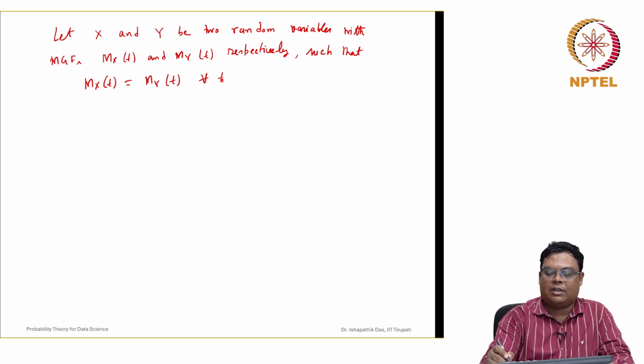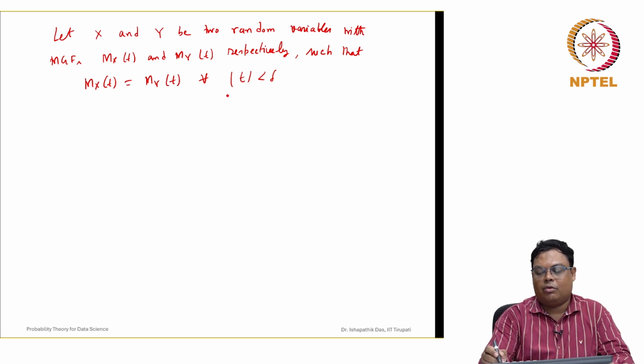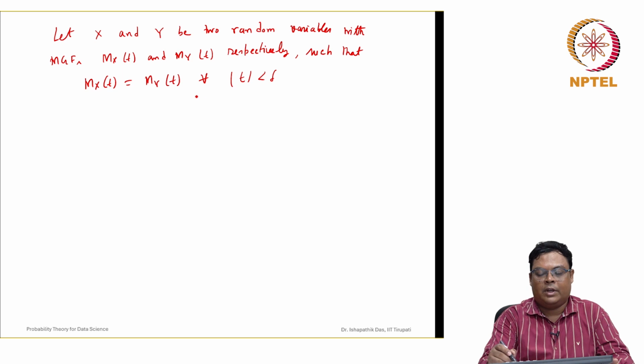If it exists within some interval, then they are equal in that same interval. Otherwise, if it exists for all real numbers, it is the same. So basically this moment generating function is the same for all t where it is defined.